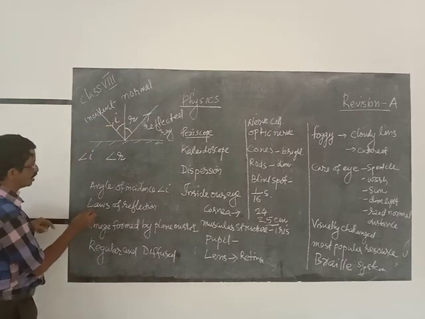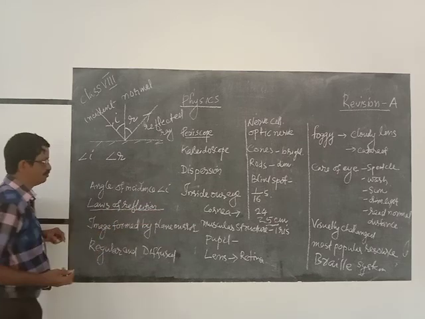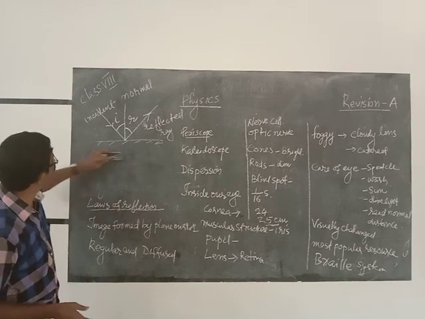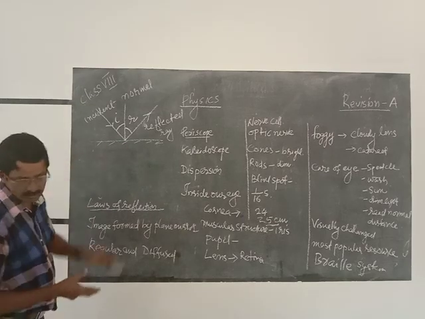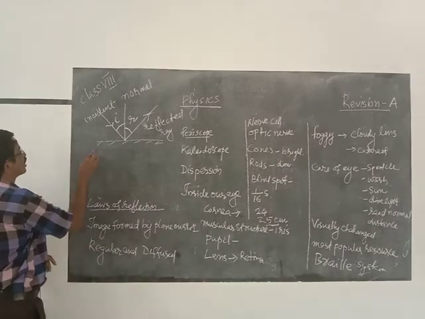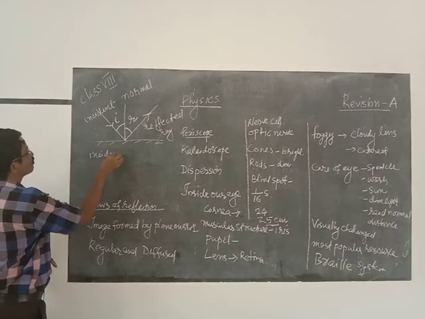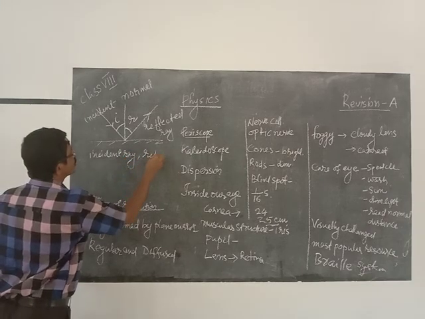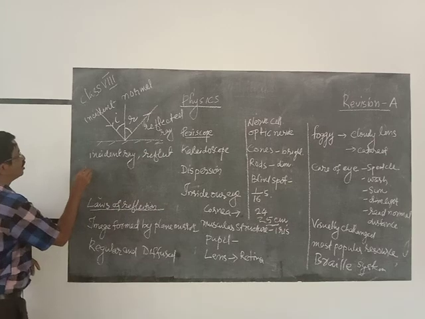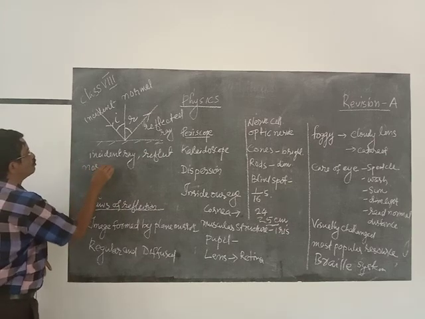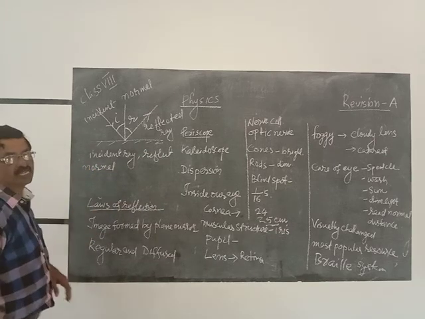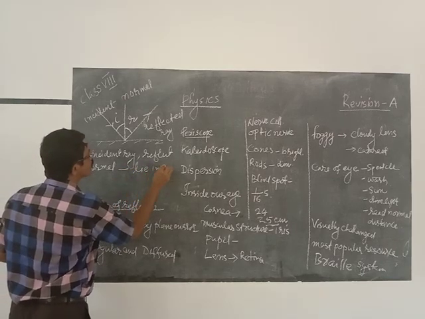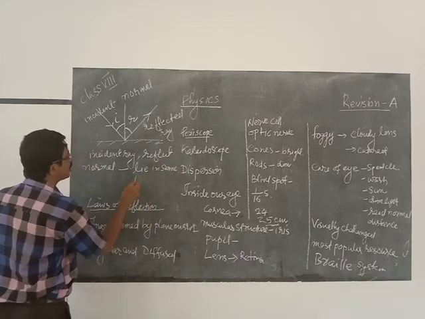Connected to this, there are two laws of reflection. Which are the two laws of reflection? First of all, see, the incident ray, the reflected ray, and the normal at the point of incidence on the surface of reflection all lie in the same plane.